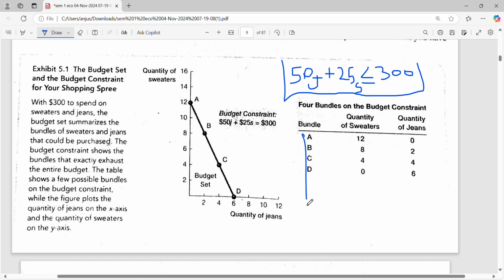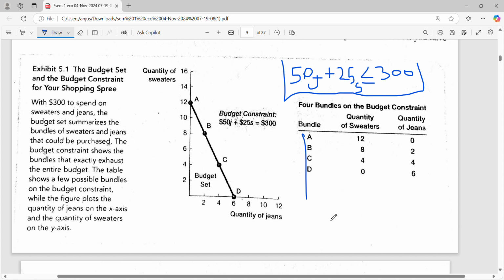For example, 12 sweaters: one sweater costs 25 rupees, so 12 into 25 is 300. Then 8 sweaters and 2 jeans cost exactly 300. Then 4 sweaters and 4 jeans cost exactly 300. And 6 jeans, 6 into 50, is 300 again. So these 4 bundles A, B, C, D exactly exhaust the 300 rupees. This equation is called the budget constraint.